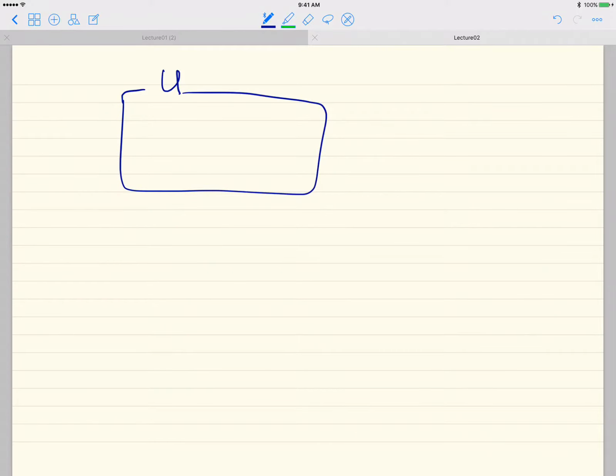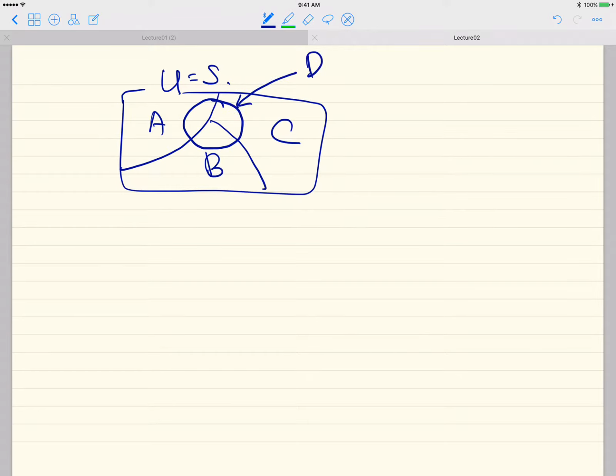So this is our entire universe, or the sample space, and then 20% of it was produced by machines A, B, and C. And the event of observing the defective bolt is located here. So this is event D, which means the defective bolt. Okay.